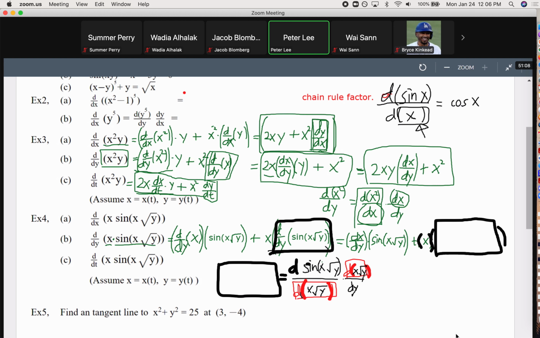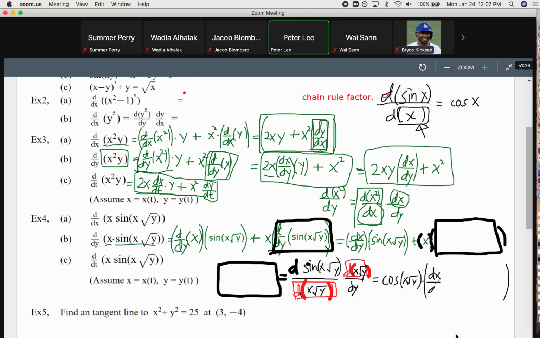Now we have to apply the product rule again. So this is going to be cosine of x squared of y, times now the derivative. What is now the derivative of x squared of y with respect to y? So that will be dx over dy.